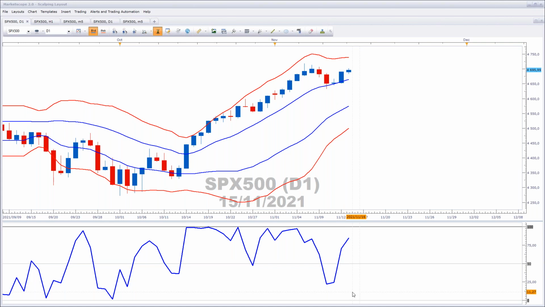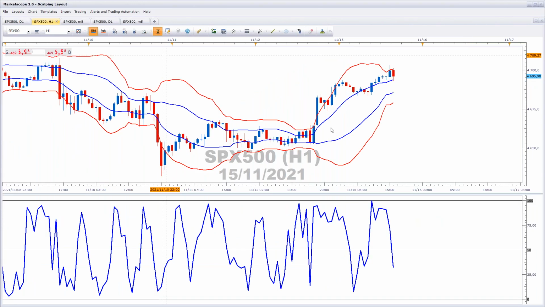Emotions tend to run fairly quickly, and the fast stochastic, whilst it's usually too sensitive for a longer term analysis, I think it works quite well for a scalp. So we had a strong Friday, and the run on emotion, so to speak, is reflected here in the stochastic.